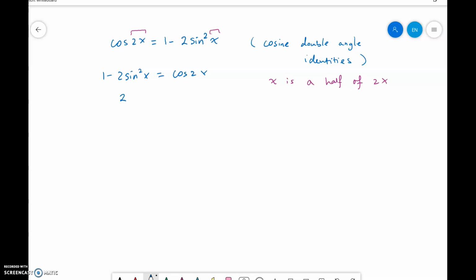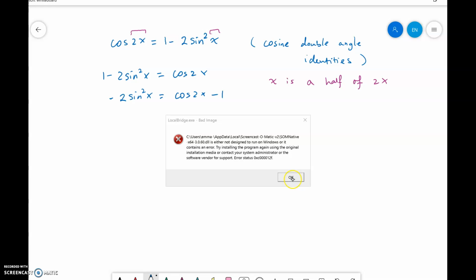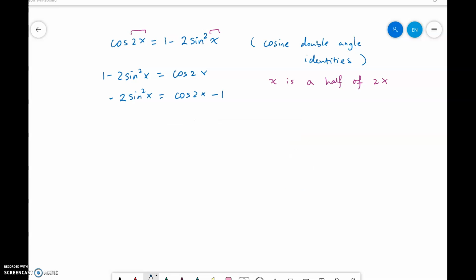Negative 2 sine squared x equals cosine of 2x minus 1. Divided by negative 2, I get sine squared x equals cosine of 2x minus 1 divided by negative 2.